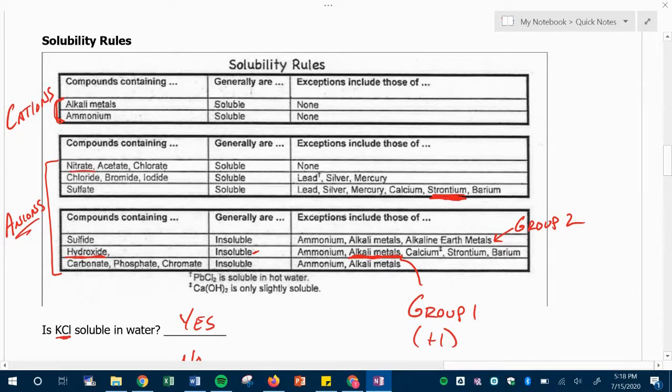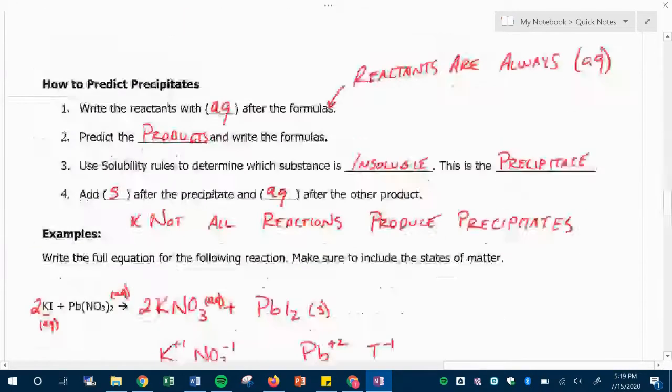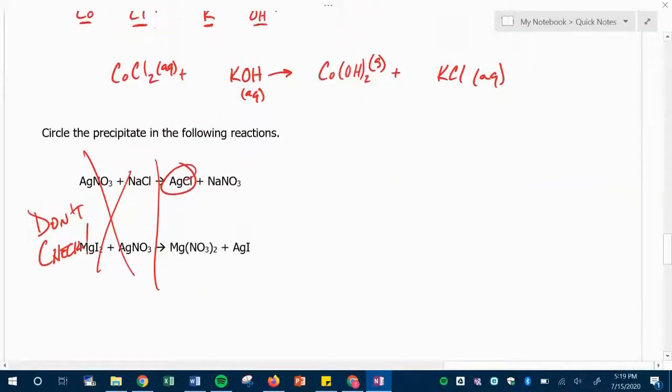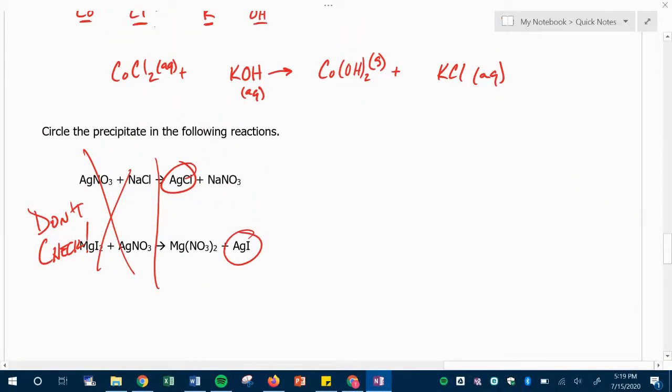Compounds containing nitrate generally are soluble with no exceptions. So it can't be the magnesium nitrate. How about the silver iodide, the other product, AgI? There's our iodides rule, and it says they are generally soluble except silver, there again. So that does mean the AgI is our other precipitate.